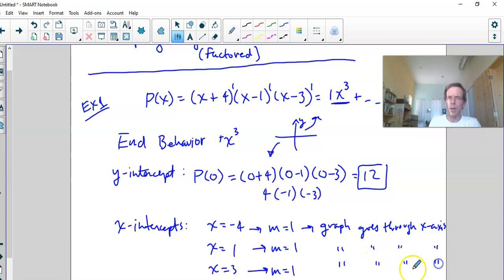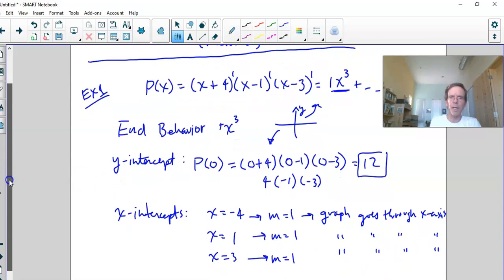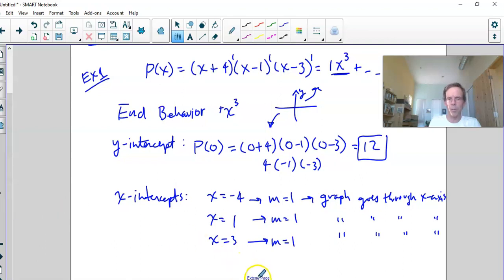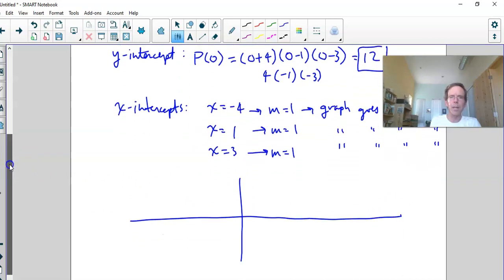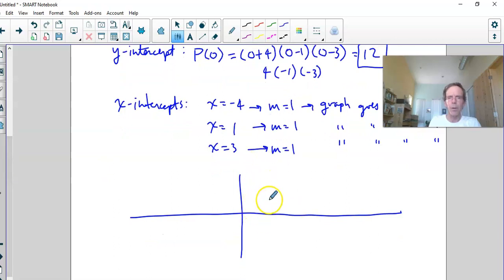We have all the information we need to graph this polynomial. Let's start putting some of the details on the graph here. We know that the y-intercept is 12, and I'm going to fudge a little bit here since it's so high up. The scaling on the y-axis is going to be a little different than on the x-axis.